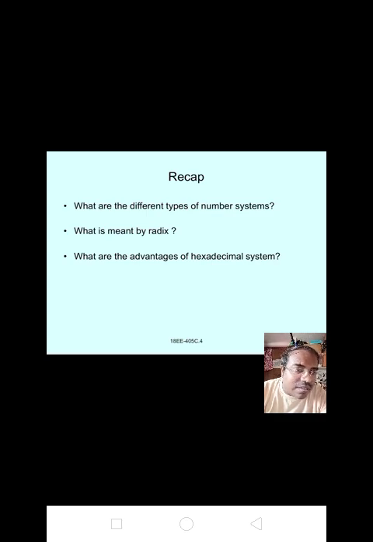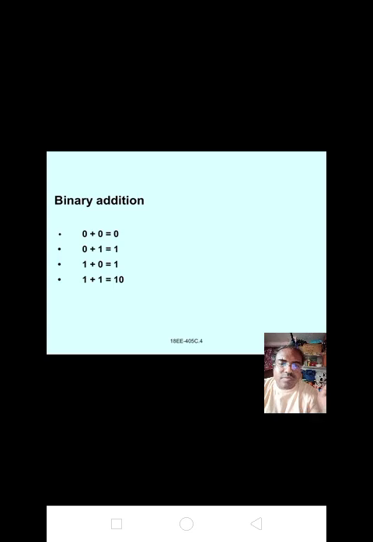Binary base is 2, octal is 8, decimal is 10, hexadecimal is 16.